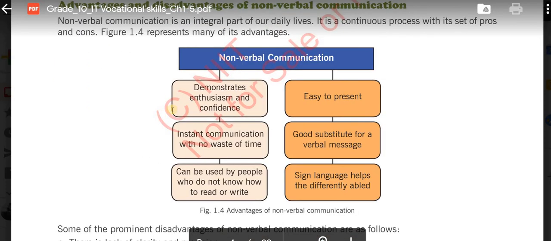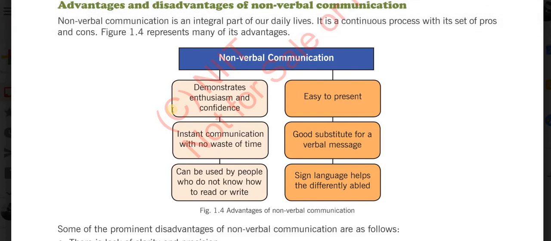Advantages. There are some advantages here. The first one is that it demonstrates enthusiasm and confidence. It's not about your knowledge but the body language that demonstrates your confidence level.